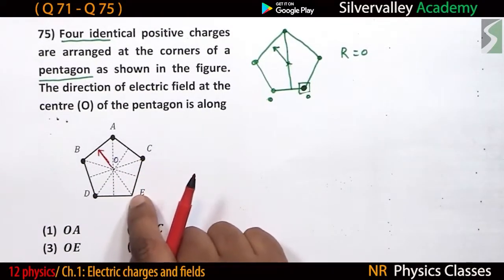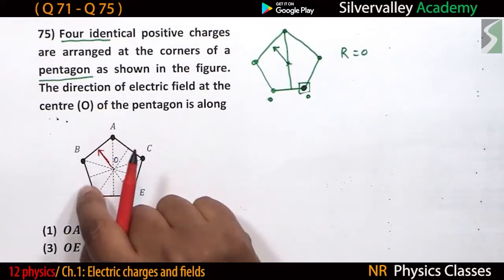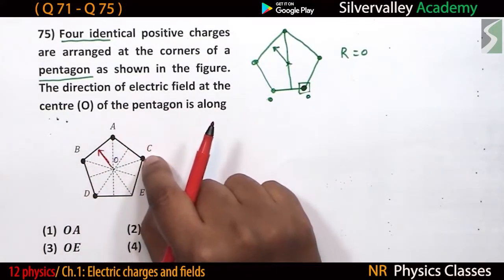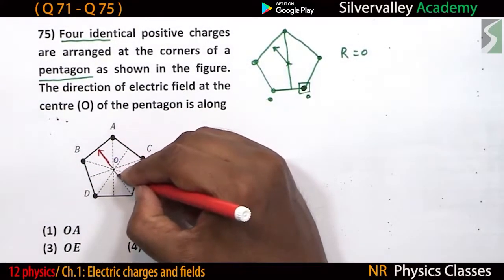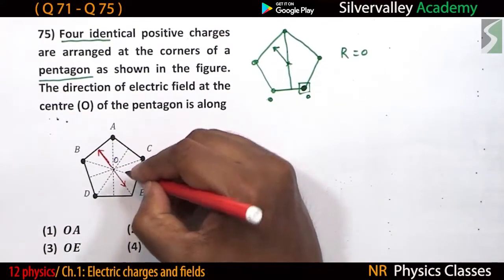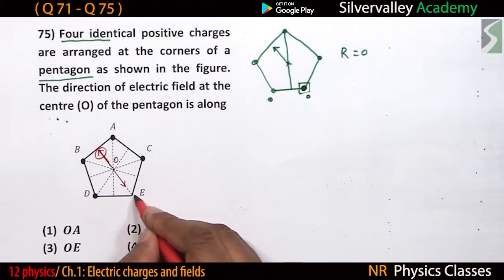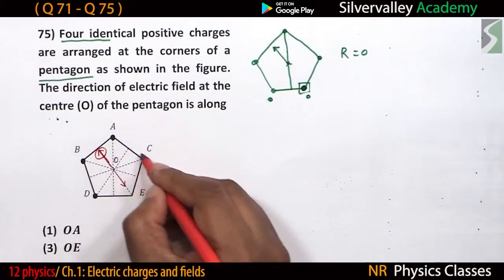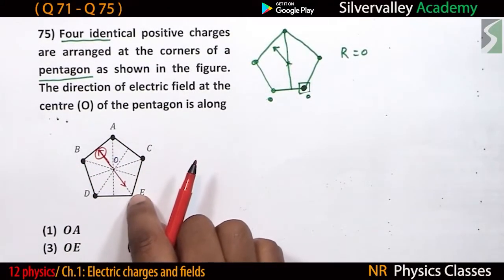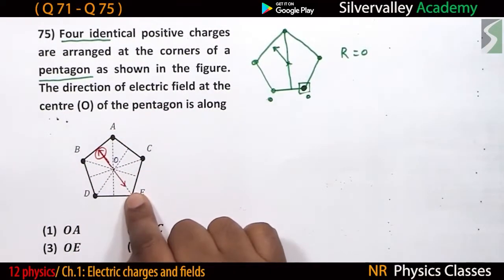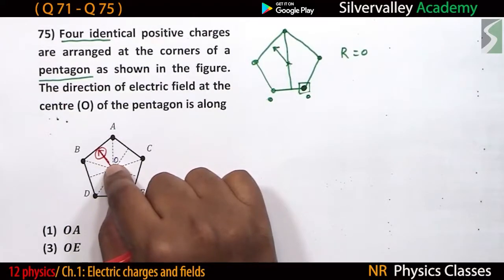The electric field due to the other charges should be equal and opposite to that of this charge. This is due to the imaginary charge. This should be due to these 4 charges, thereby the resultant of 5 charges is 0.